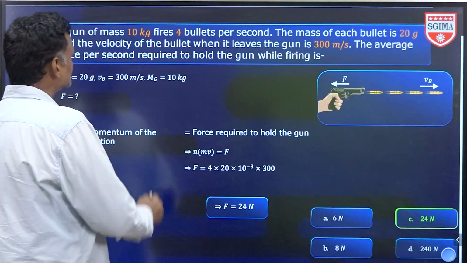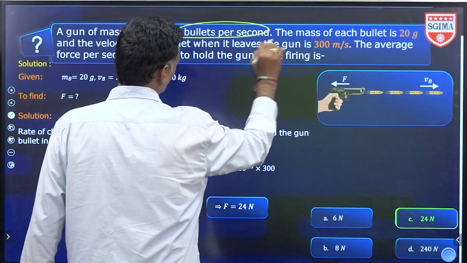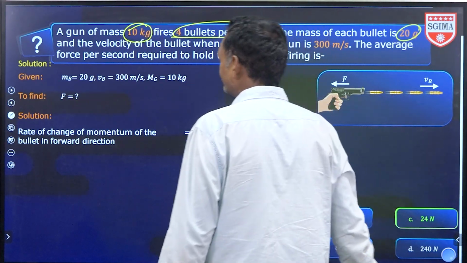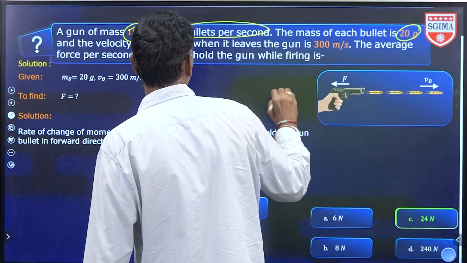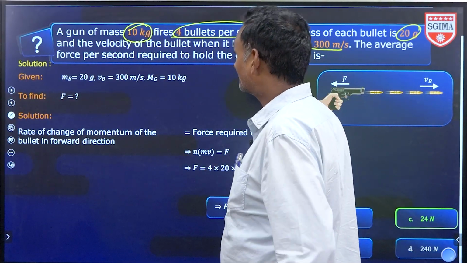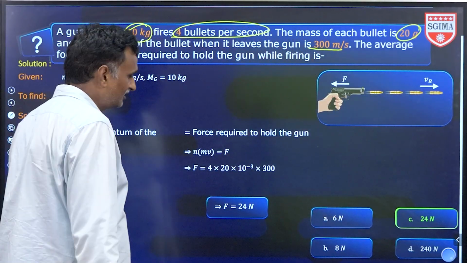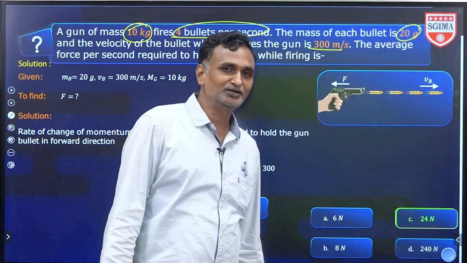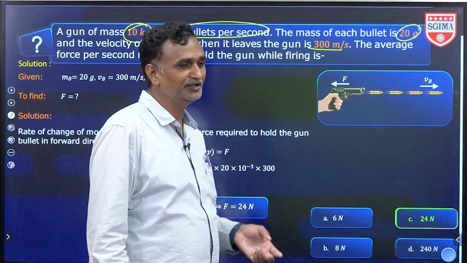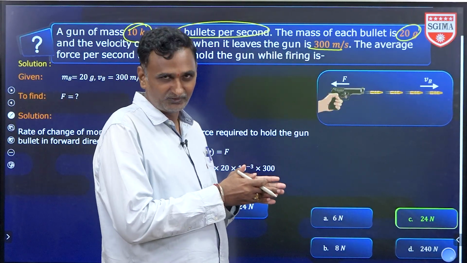A gun of mass 10 kg fires 4 bullets per second. The mass of each bullet is 20 grams and the velocity of the bullet when it leaves the gun is 300 meters per second. Then find the average force required to hold the gun while firing. Here, an application of conservation of momentum is when a bullet is fired from the gun.